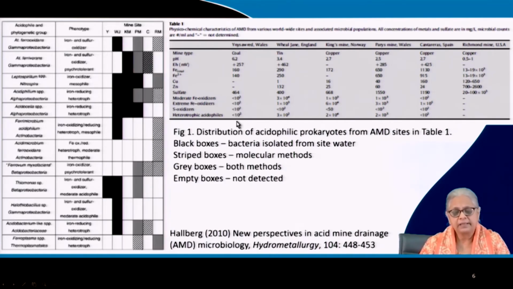They are slightly less than 10 to the power 2, which is the detection limit of many of these methods, I think. And you also have 10 to the power 3, 10 to the power 4, 5 in one case. So these are some of the iron oxidizing bacteria that have been identified in acid mine drainage.